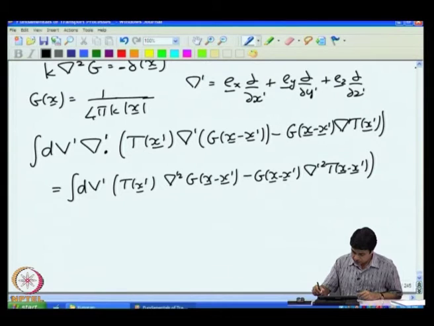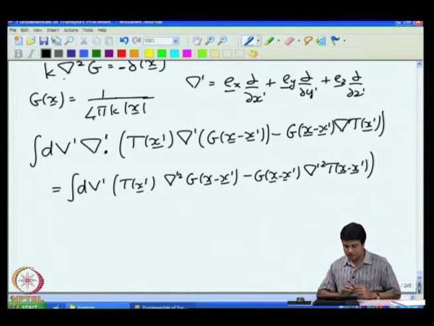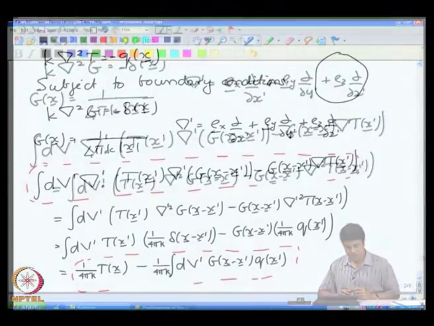And now here for del square I have k del square G is equal to minus delta of x. So, k del prime square G of x minus x prime will be equal to minus delta of x minus x prime.